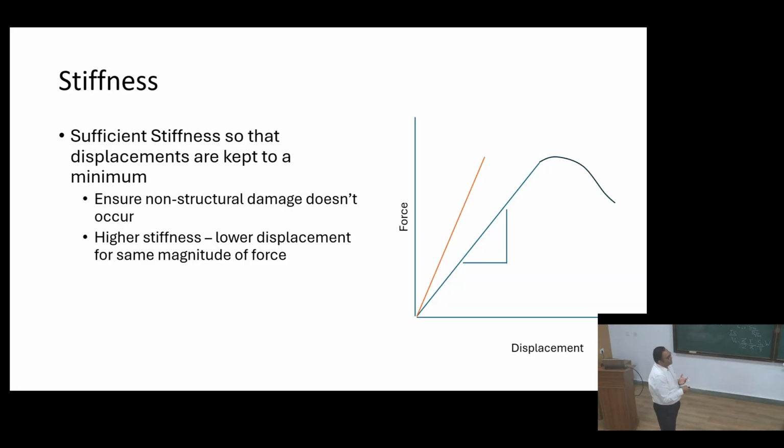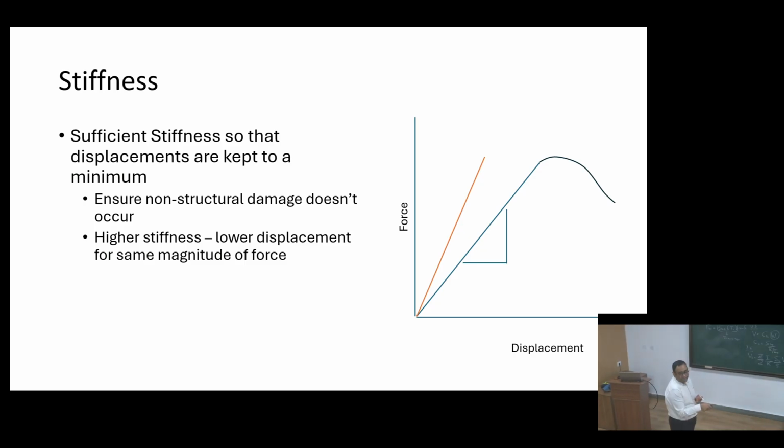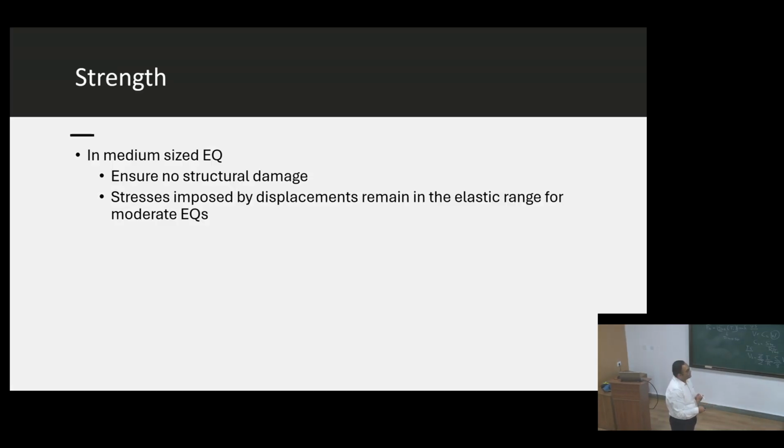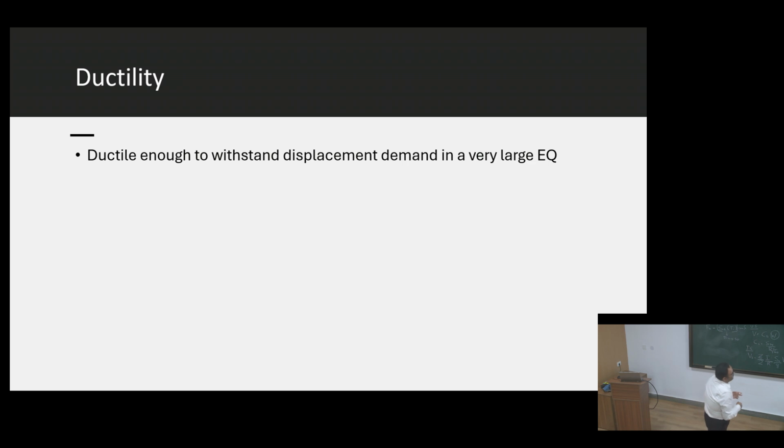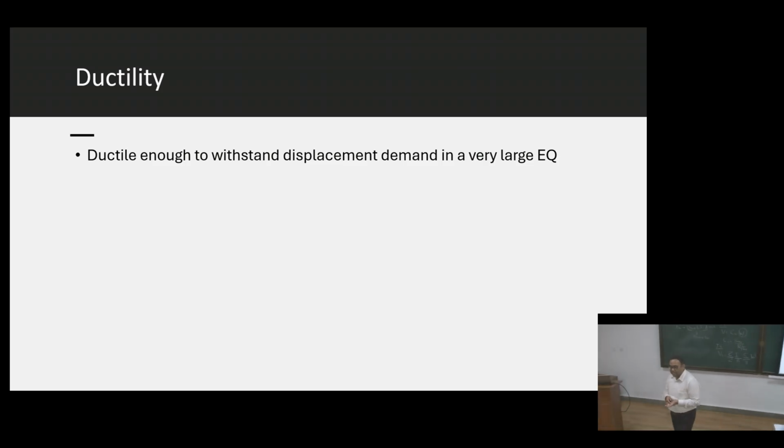So in which part of your force-displacement curve would that be? Would it be in this region, or somewhere here? In the linear region. And for your ductility requirement, the building should be ductile enough to withstand displacement demands for a very large earthquake.